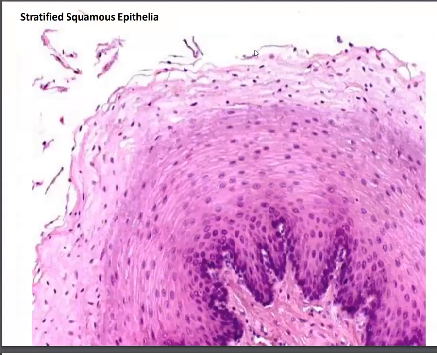This one, many rows of flattened cells. So many rows is stratified, flattened cells is squamous. So this tissue is called stratified squamous epithelium. The big tissue category is epithelial, and the specific tissue name is stratified squamous epithelium.